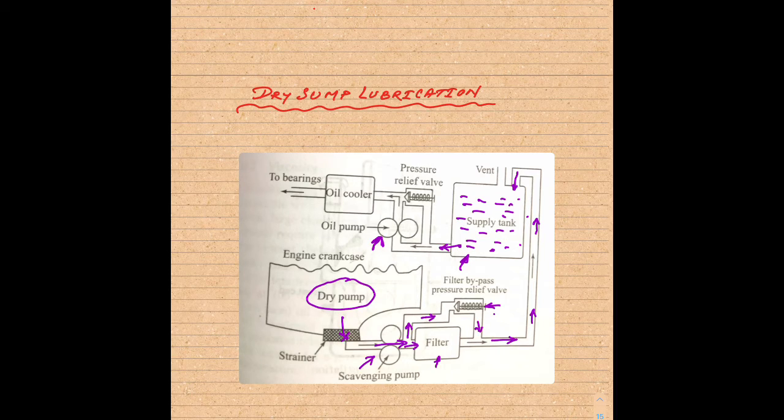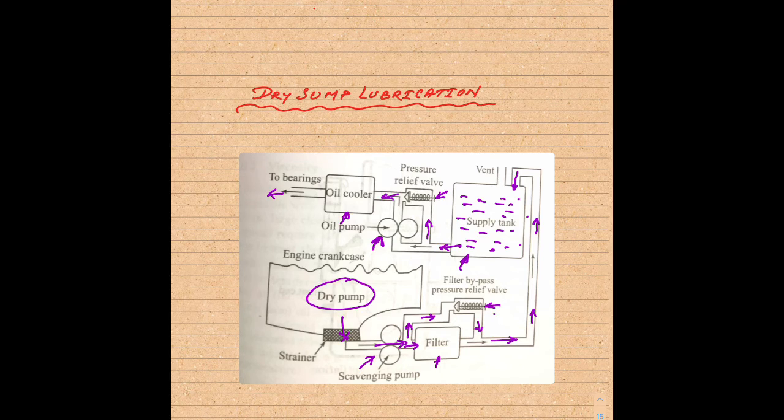This also has a pressure relief valve. In case of emergency, it will pass this way and go through this line. This system also has an oil cooler which will cool down the oil before it is fed to the different engine parts. So this way the dry sump lubrication system works.